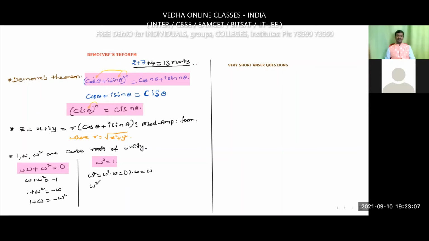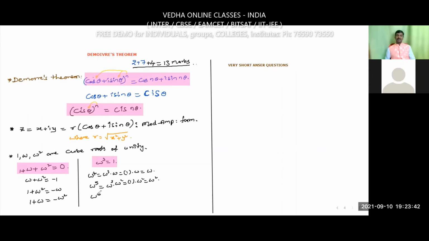For omega power 5, all the values above omega power 3 repeat, so again we get 1, omega, omega square only. All omega powers we can write in terms of 1, omega, omega square. Omega power 5 we write as omega power 3 into omega square. Omega power 3 is 1, so we get omega square only.